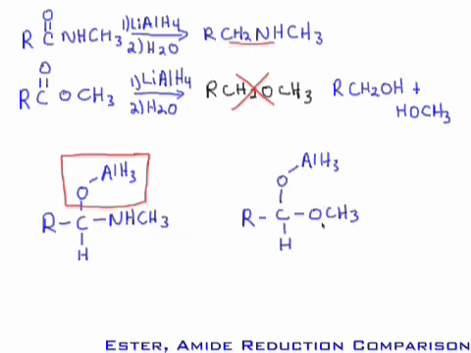However, in this case, OCH3- would be the leaving group. OCH3- is a much weaker base than NHCH3-. Because it's a weaker base, it's a better leaving group, better able to compete with the OAlH3. In this case, the OCH3 leaves because it is a weaker base.